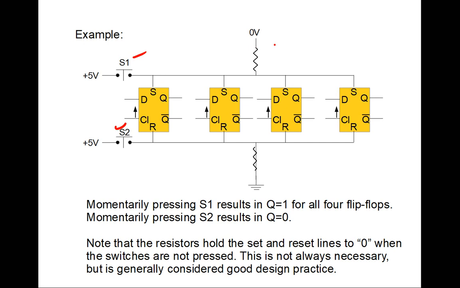Many people will try to design without this resistor, just assuming that if there's nothing on this wire, somehow it's magically 0. That could, in many cases, be far from the truth. So always take care of your sets and resets. Make sure that they're either 0 potential or, when appropriate, a 1 potential.